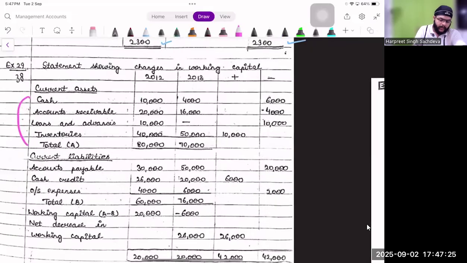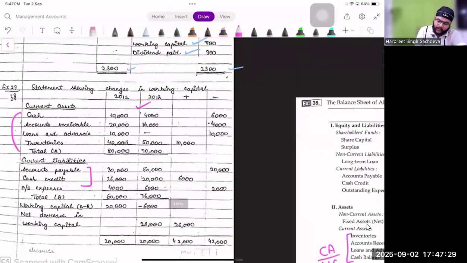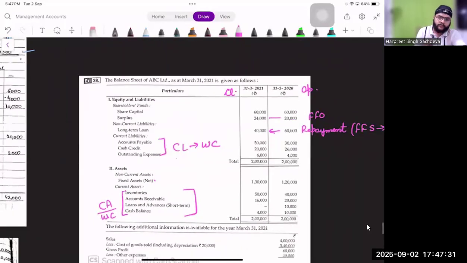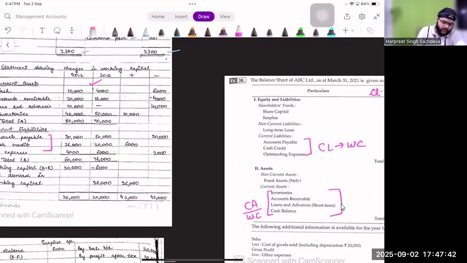All the four current assets have been posted. Then current liabilities, three of the current liabilities, yes or no? But beware of posting correct values, opening and closing. Okay, Raja? ठीक है? So opening and closing values you have put.